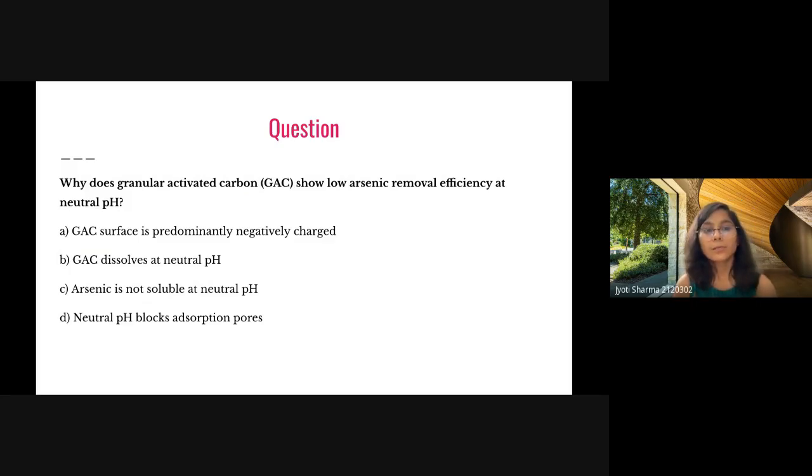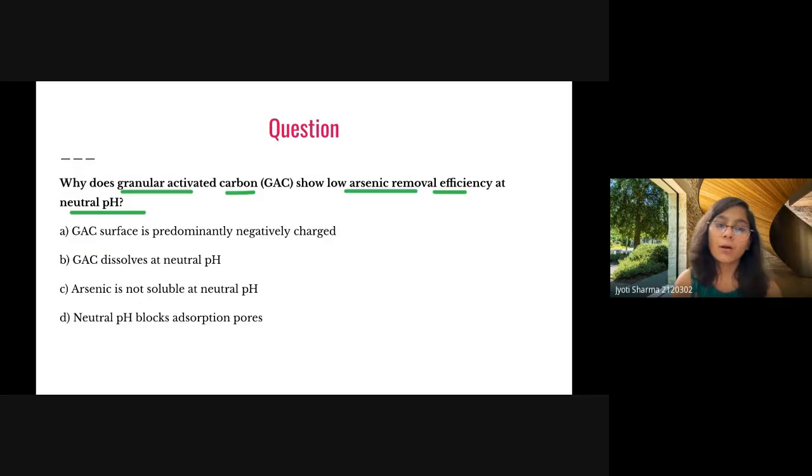Okay. So why does granular activated carbon show low arsenic removal efficiency at neutral pH? And we have four options here. GAC surface is predominantly negatively charged. GAC dissolves at neutral pH. Arsenic is not soluble at neutral pH.